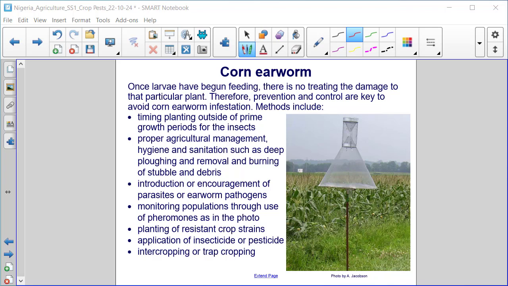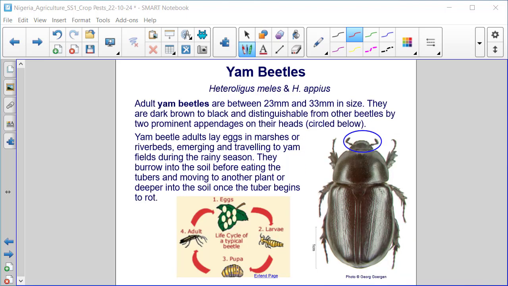Methods include timing planting outside of prime growth periods for the insects, proper agricultural management, hygiene and sanitation such as deep plowing and removal and burning of stubble and debris, introduction or encouragement of parasites or earworm pathogens, monitoring populations through use of pheromones as in the photo, planting of resistant crop strains, application of insecticide or pesticide, and intercropping or trap cropping.